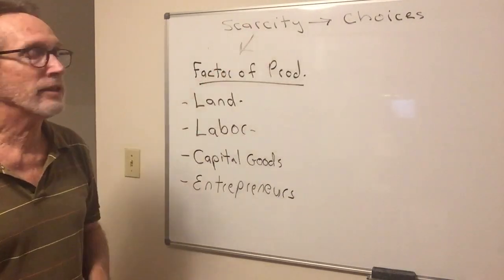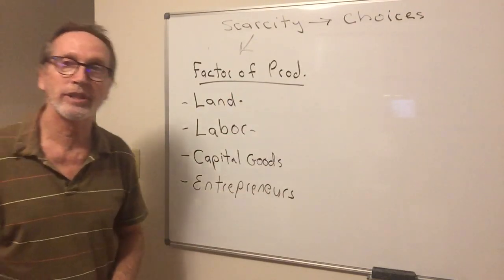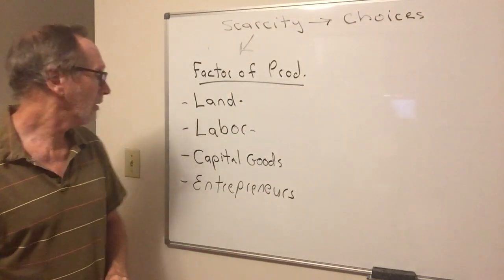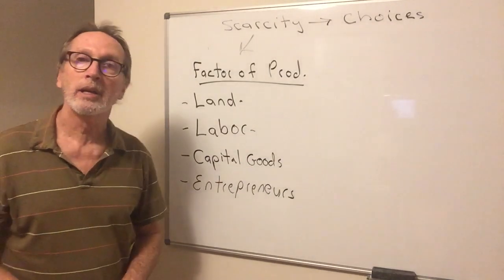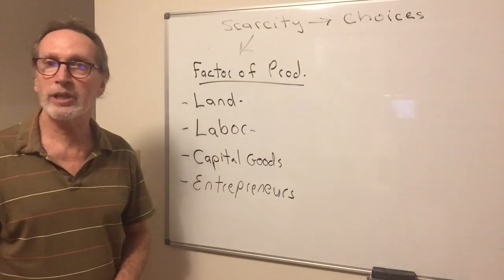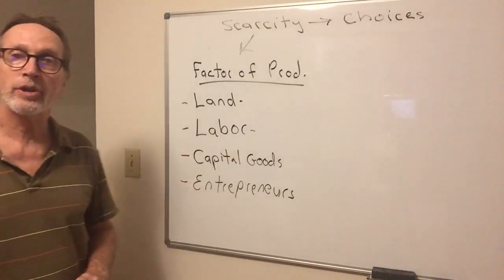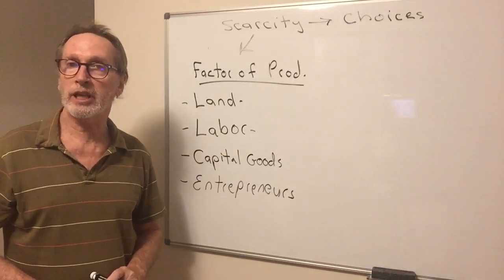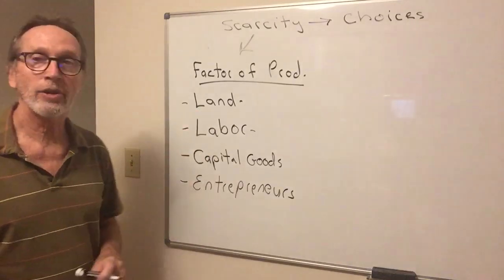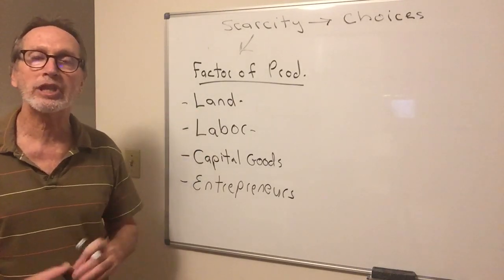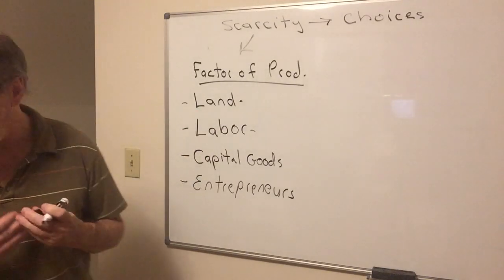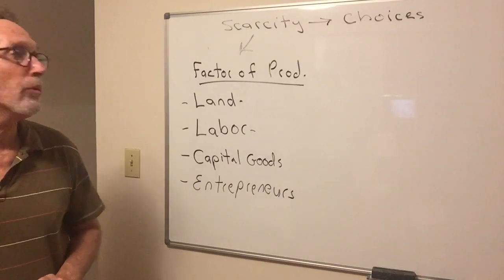So a country has the scarcity of these resources. Not everyone's an entrepreneur, right? There's certain facilities, factories, tools, and equipment that are available to be used. Labor, a certain amount of people, their education and their training, and then certain natural resources. So these are scarce, and a country has to decide what are we going to produce.